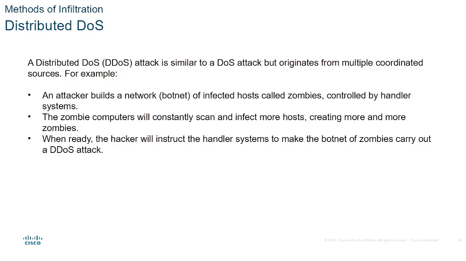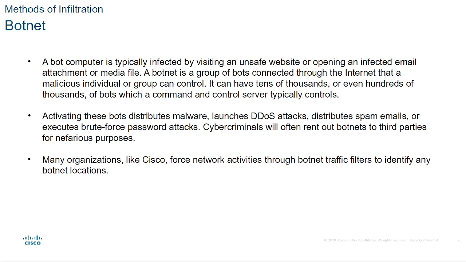When ready, the hacker will instruct the handler system to make the botnet of zombies carry out a denial of service attack. The handler system will order all zombies to send malicious or wrongly formatted packets over a network. That will cause denial of service. Botnet.